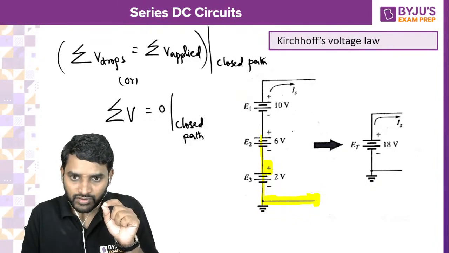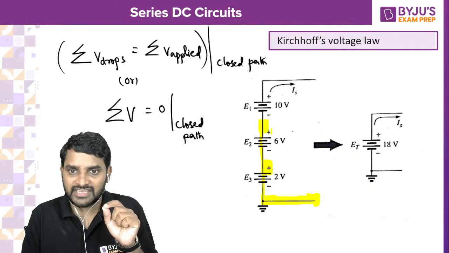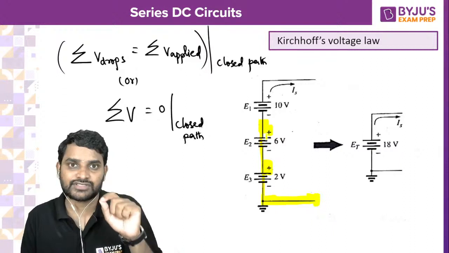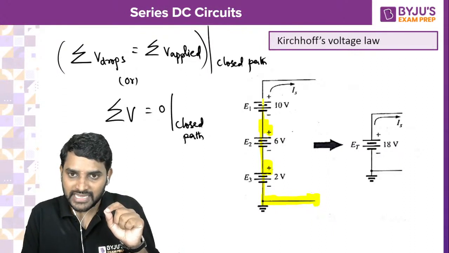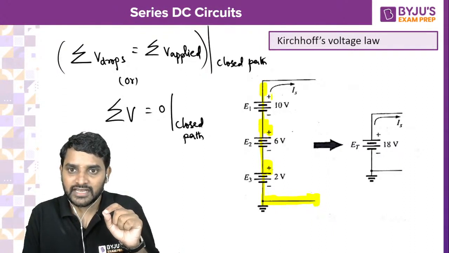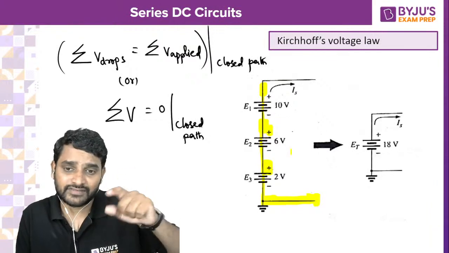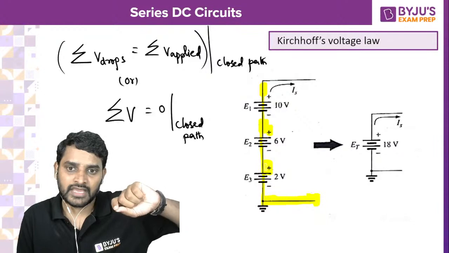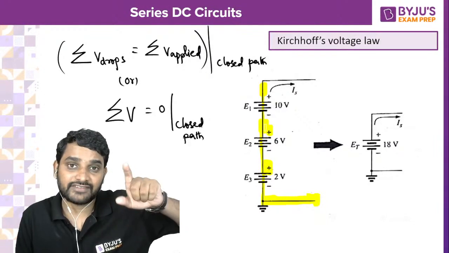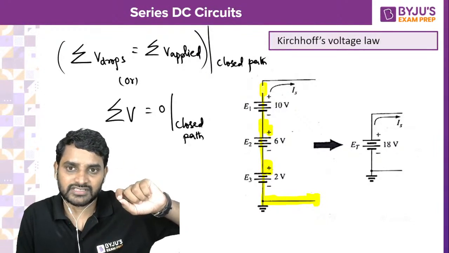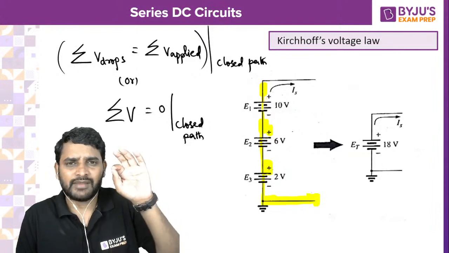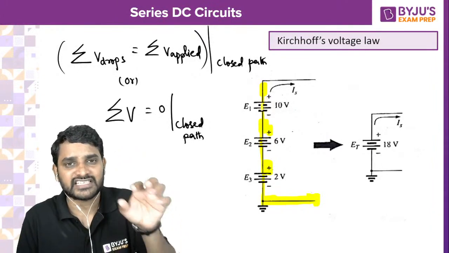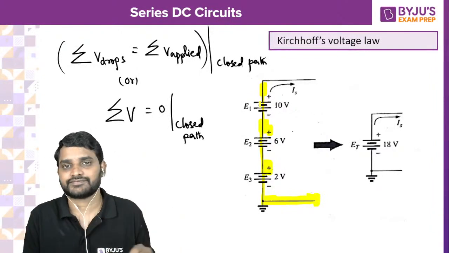Next, moving from this terminal to this terminal, I am leaving with positive polarity, so plus 6 volts. I am crossing each and every element, and I leave with positive polarity each time. I am considering all leaving polarities across each and every element.